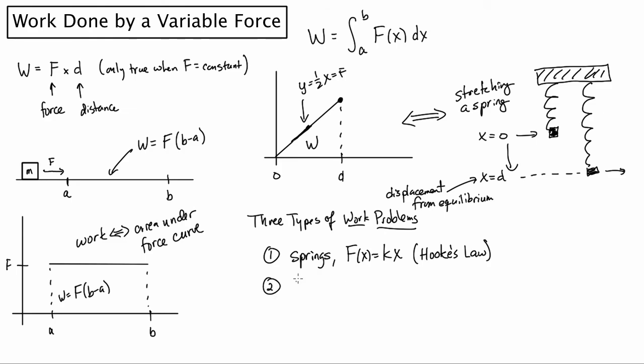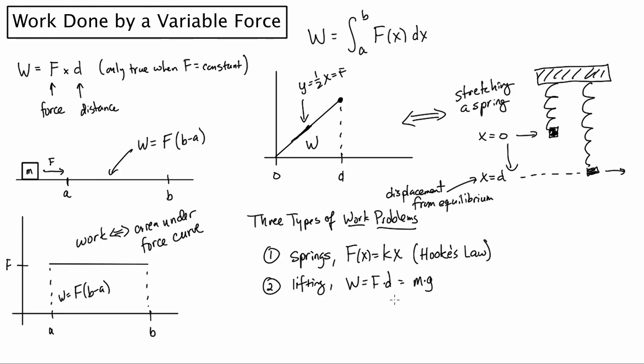Another type of problem that has a variable force are what are called lifting problems. We basically think of work as being force times distance. But if I'm lifting an object, then the force required to lift an object of mass m is to overcome the gravity g, the gravitational constant g, holding it down.